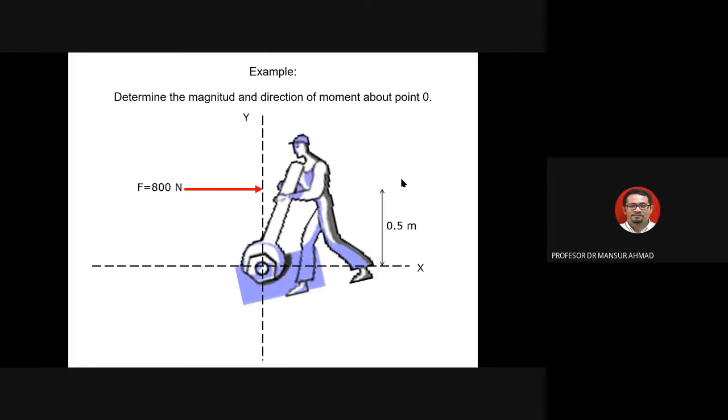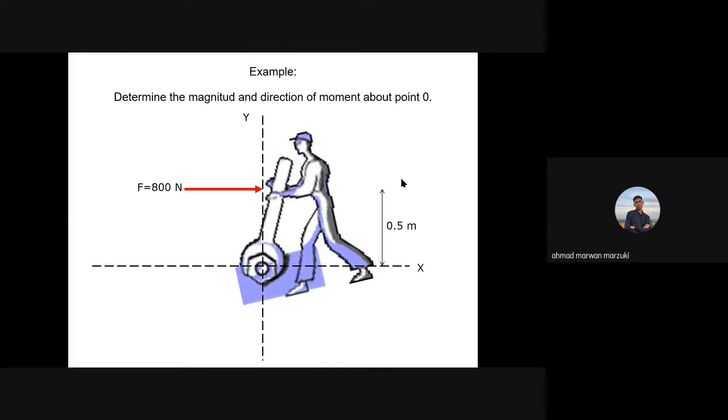When you are talking about moment, you need to look at it as rotation around the bolt, around point O. So when you have around point O, then you can establish the direction, which is negative moment. Boleh?